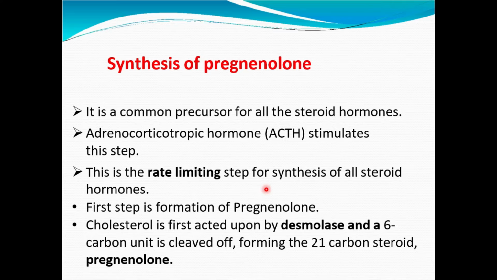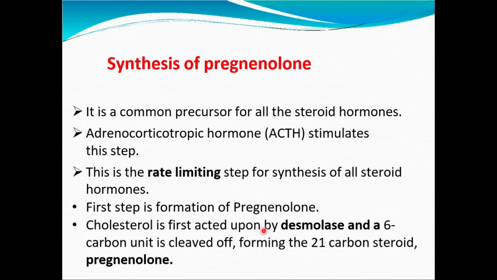First step is the formation of pregnenolone. Here, cholesterol is first acted upon by an enzyme known as desmolase, and a 6 carbon unit is cleaved off, forming the 21 carbon steroid known as pregnenolone.